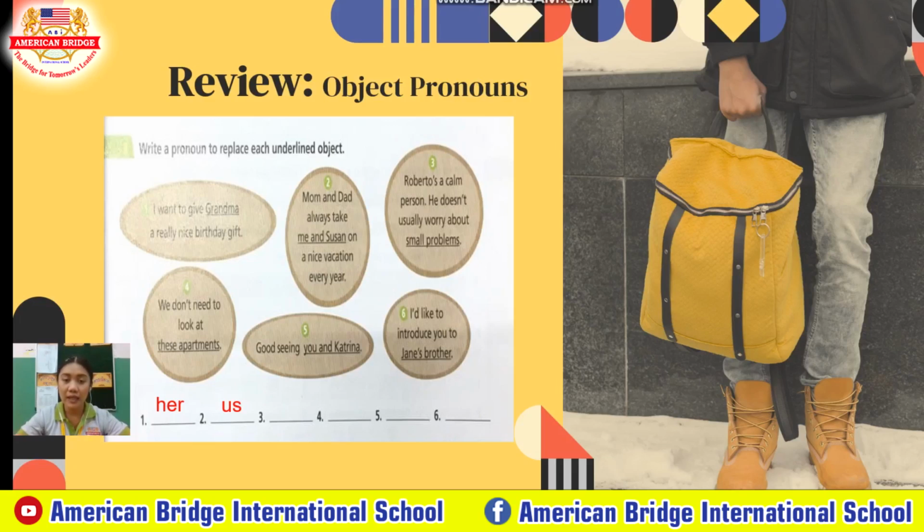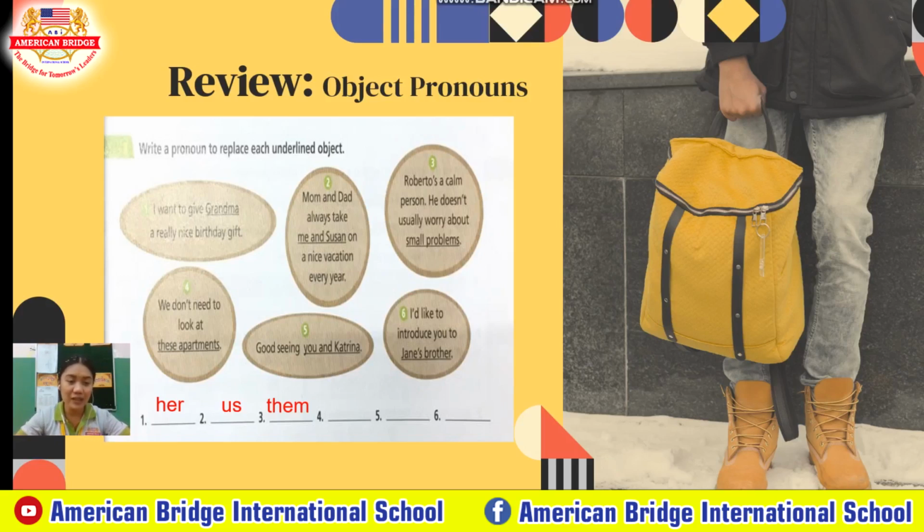Roberto's a calm person. He doesn't usually worry about small problems. So let's change this one into them. Roberto's a calm person. He doesn't usually worry about them. So let's move on to number 4.